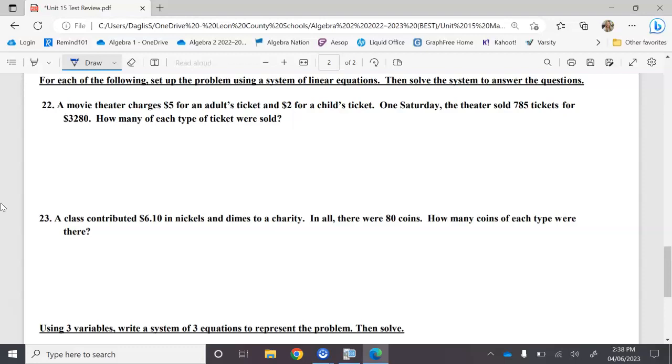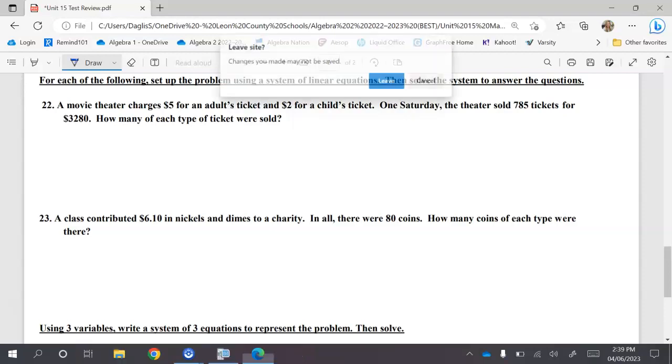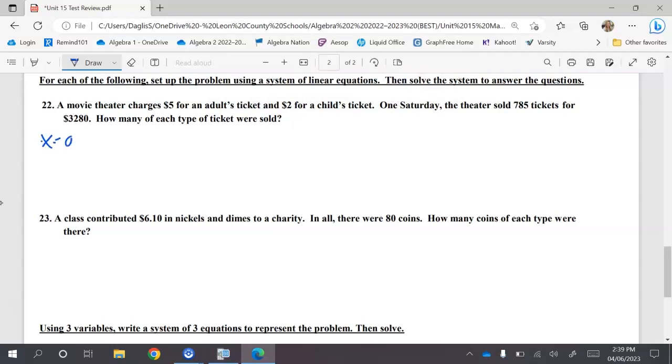Okay, so we know we sold a total of 785 tickets. They mentioned adults first, so let's say x is adult and let's say y is child. It's always smart to label what you're using. So what tickets were sold?